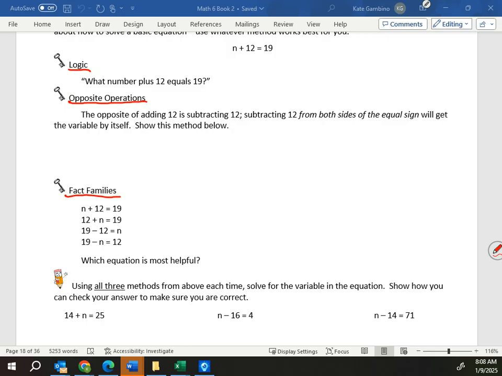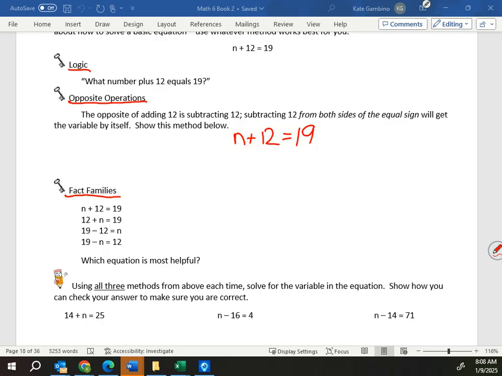Opposite operations. So if we have n plus 12 equals 19, what operation is happening in that equation? Liam? Yeah, our operation is adding. But I want to do the opposite operation because I want to move that 12 to the other side of the equal sign.